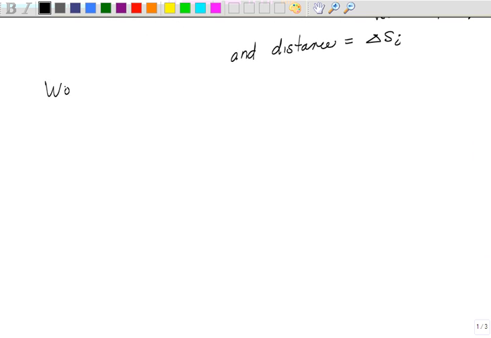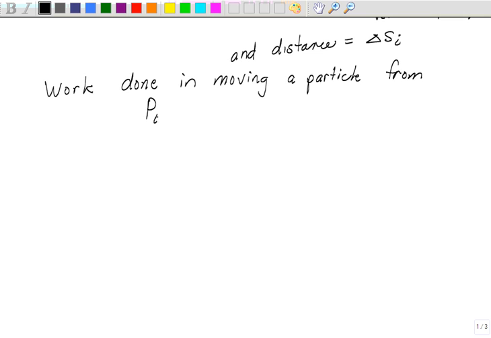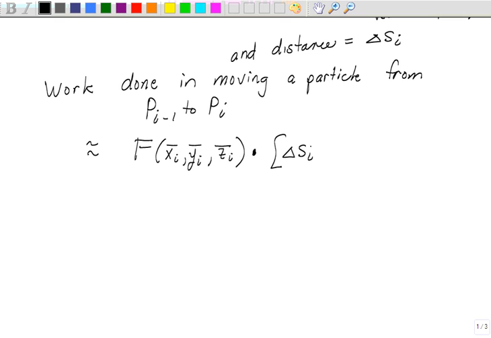So the work done in moving a particle from P i minus 1 to P i is approximately the force at that point on the arc dotted with the displacement vector, which is this.